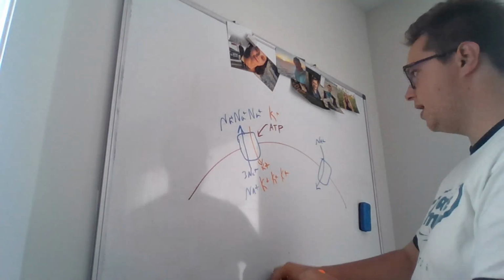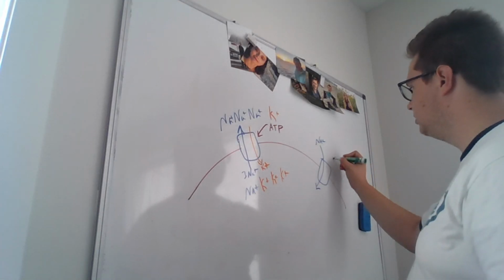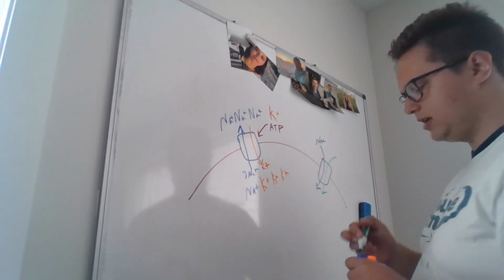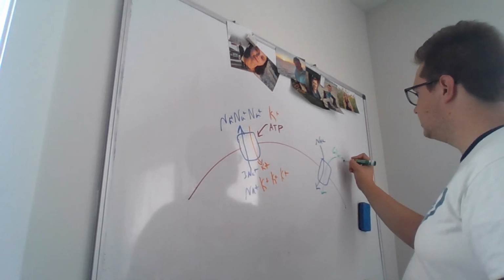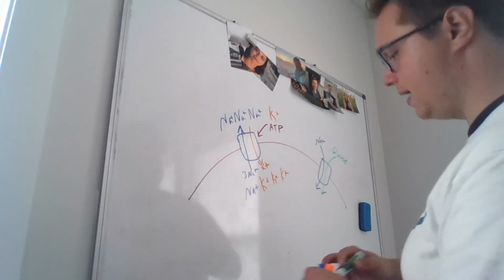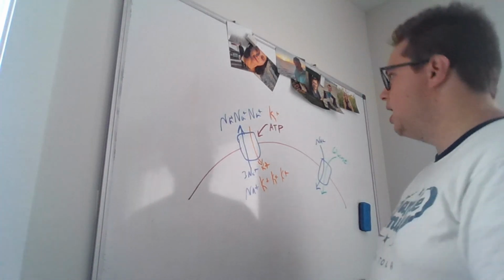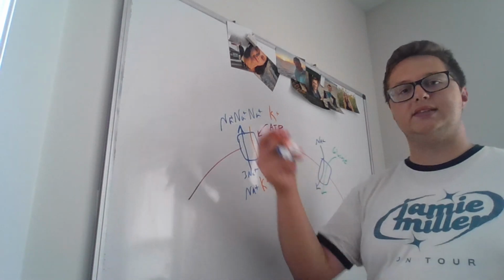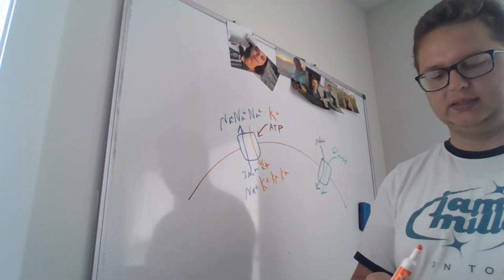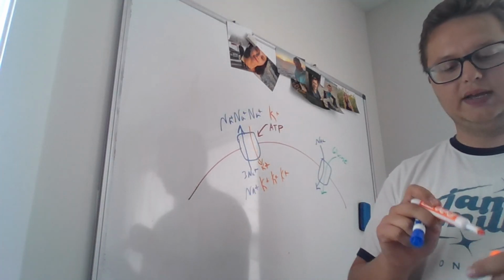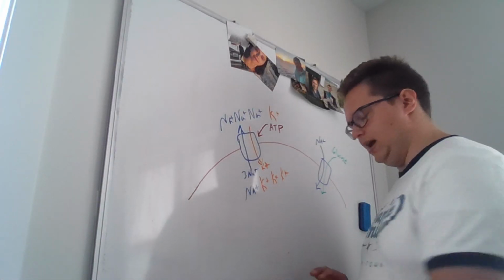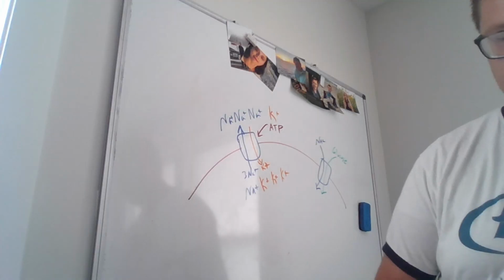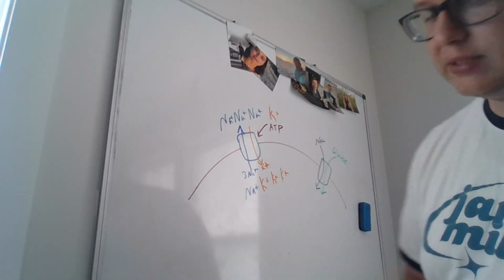But then we'll also have glucose that will use this opportunity to travel inside the cell without any energy, because sodium's just trying to get across to equal out its concentration gradient. So glucose is going to take advantage of that and equal things out. So that's secondary active transport.